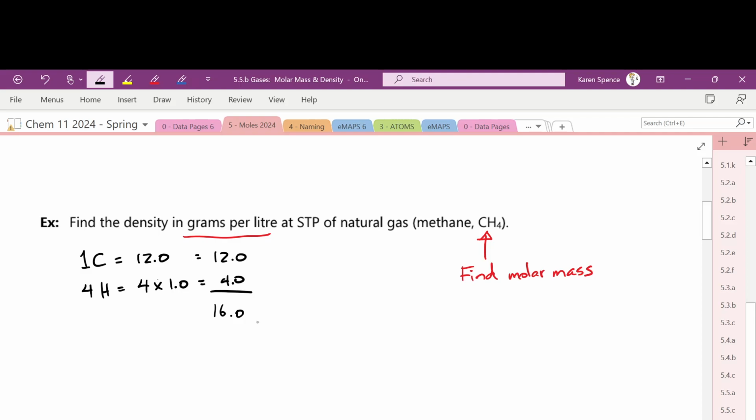And when you write the unit for this, and you should be writing the unit, you should write it as grams and then over moles rather than grams per mole, because you want to make sure you've got it structured like this so you can turn it into grams over liters. Okay? So my density is equal to, we don't know how many grams per liter.